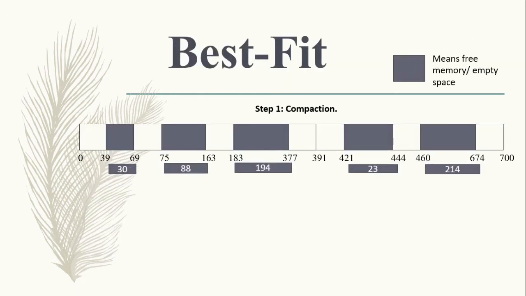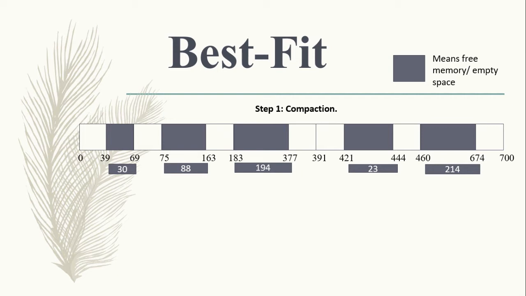First, we need to find the size of those empty spaces, and for the compaction process, we need to combine the empty spaces that are next to each other into one big hole. So, 69 minus 39 is equal to 30. 163 minus 75 is equal to 88. Based on the question, we have 2 pairs of shaded blocks that are next to each other.